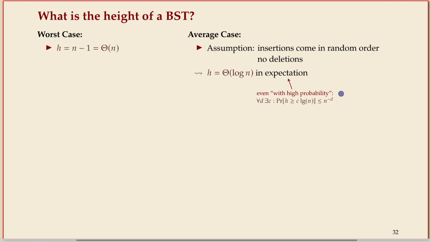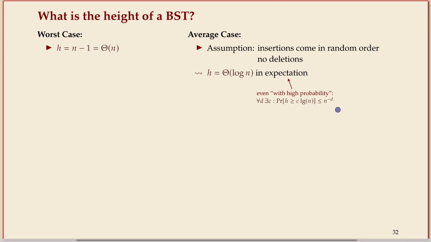You can make this statement much stronger. So instead of just the expected value of the height, you can get something that quantifies how unlikely it is to be above a certain height. So you can make a statement as spelled out here with formal quantifiers.